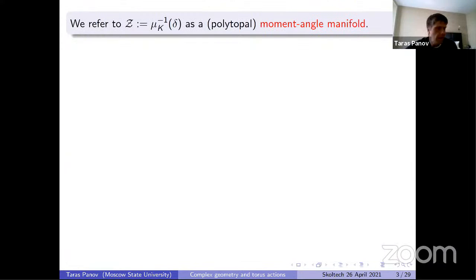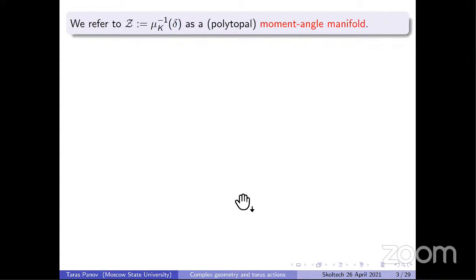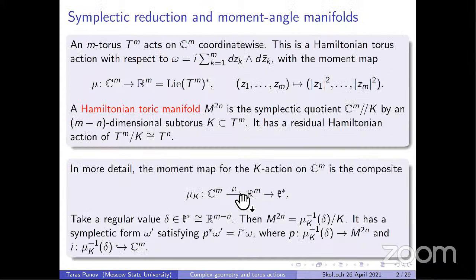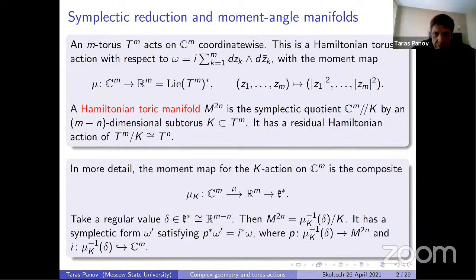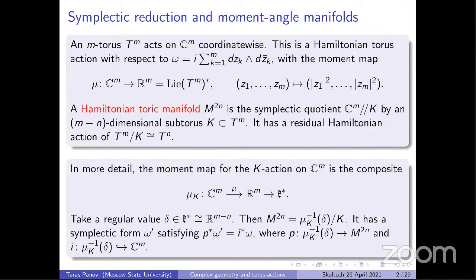So, but let's look at it from a more abstract perspective. Taras, excuse me, this manifold obviously is not symplectic. I'm talking about the level set of the moment map. Yes. But is it Poisson? Is there a globally well-defined Poisson structure on it that makes it a Poisson manifold?